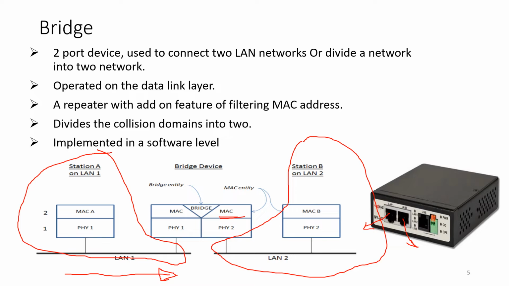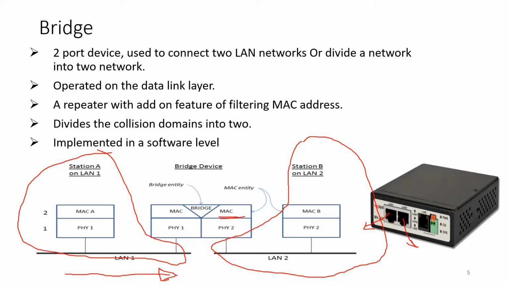So it divides the collision domain into two. If you have many nodes in a single network, the data transmitted by each node causes a higher frame collision rate. If you have a bridge in between, the data transfer is restricted, and only the intended frames are transferred from one network to the other. That means the collision domains are divided.